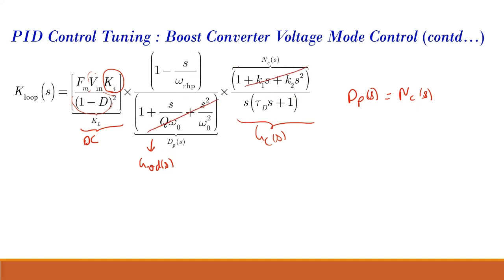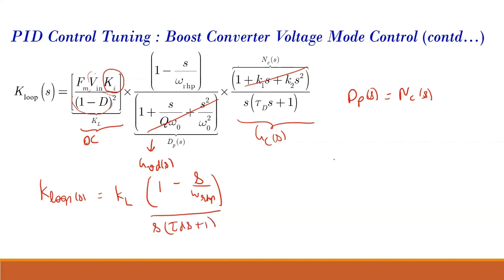Then K loop of S will be equal to KL into 1 minus S upon omega RHP divided by S into tau D of S plus 1. This is my loop transfer function. With this pole zero cancellation, the poles of the transfer function of GVD are cancelled with the zeros of my controller.